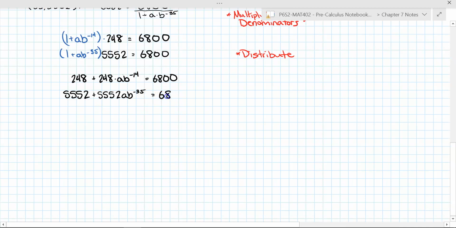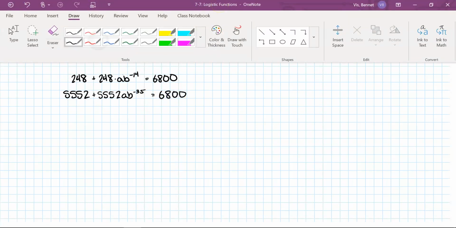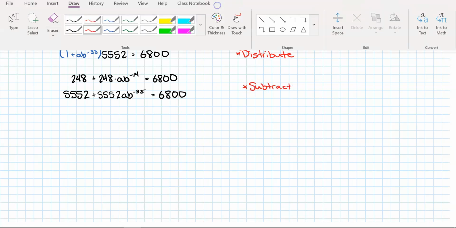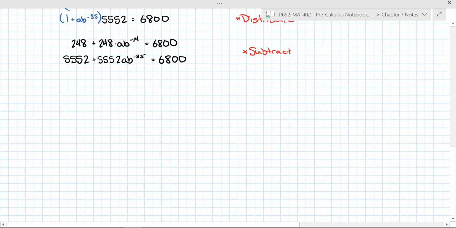I'm going to subtract the 248 and the 5552, and we're just going to move these over to the other side. So I'm going to subtract those. I end up with just 248 AB to the negative 14th equals 6,800 minus 248.